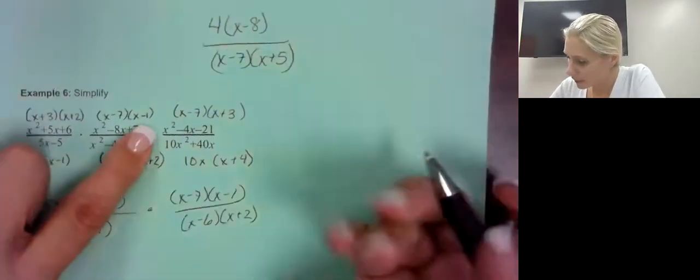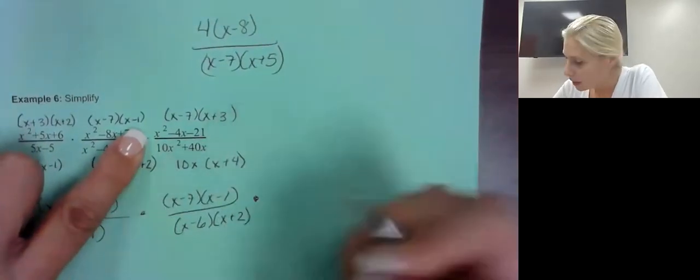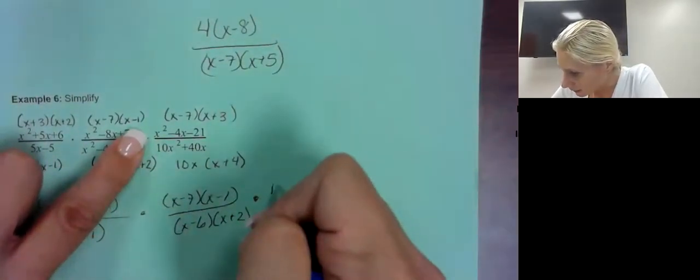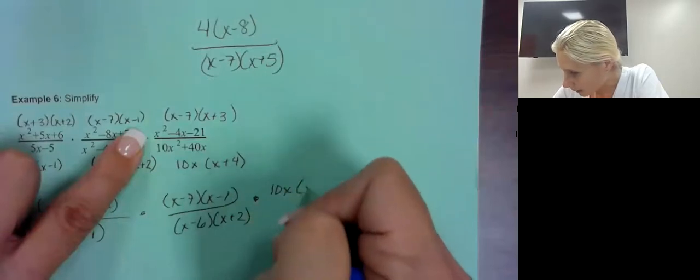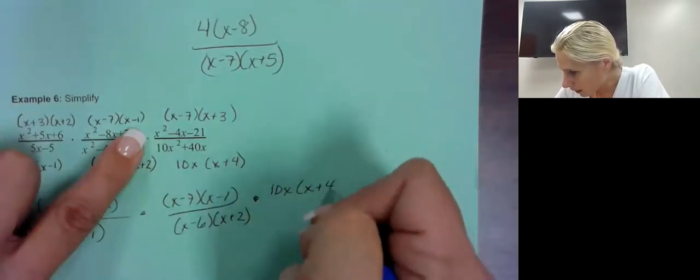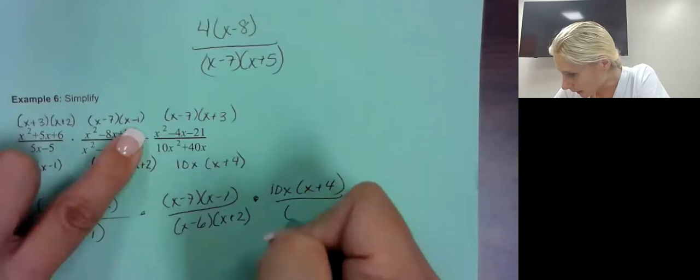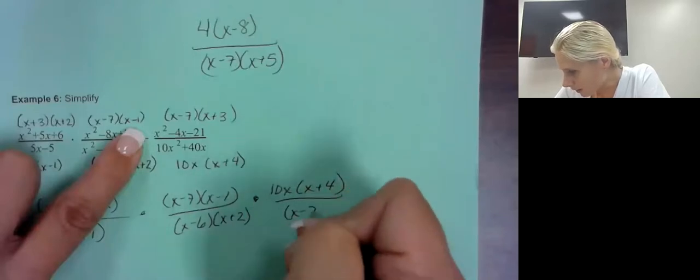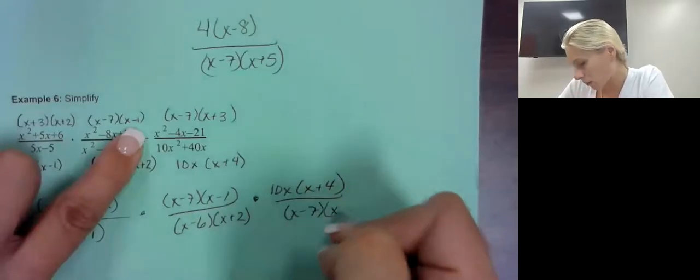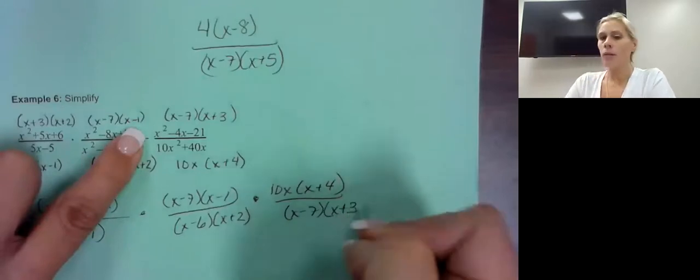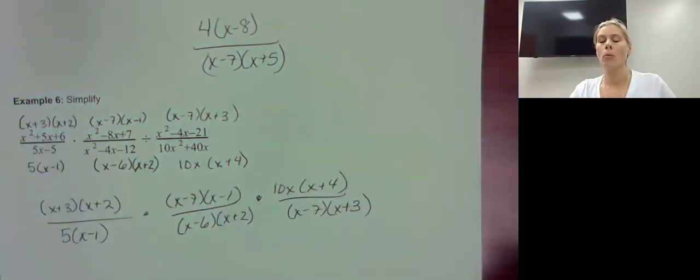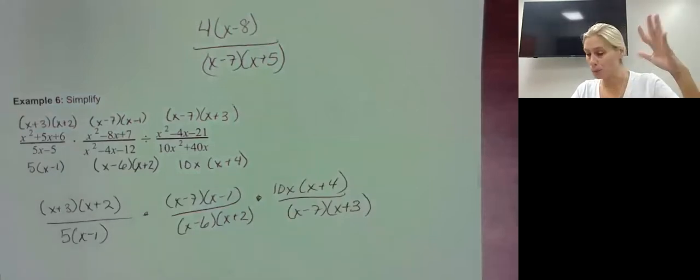And I need to flip this. So now it's multiplication. I have 10x on top, x plus 4, all over x minus 7, x plus 3, sorry.